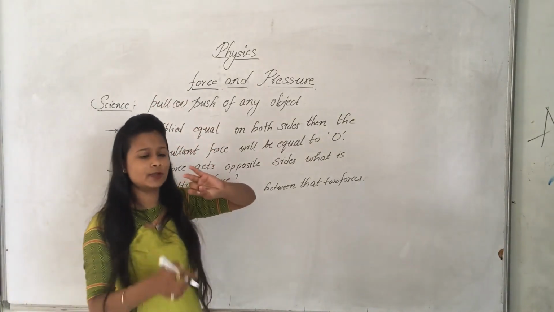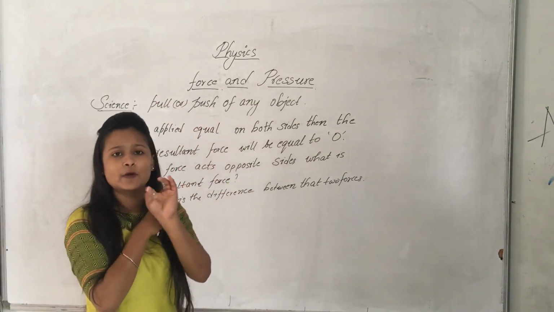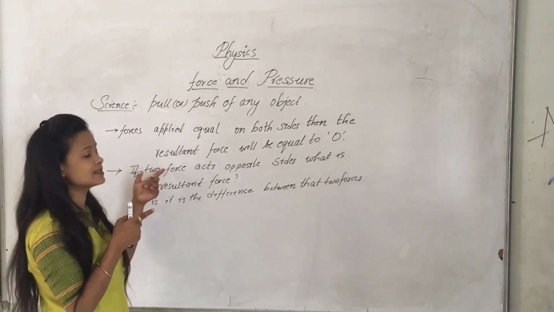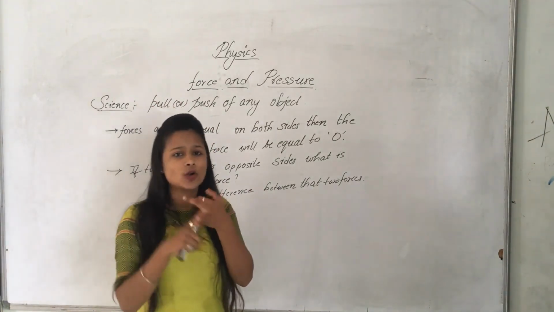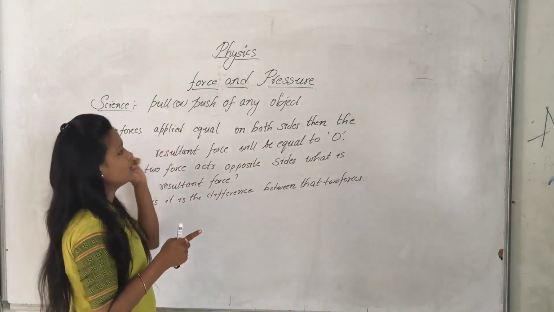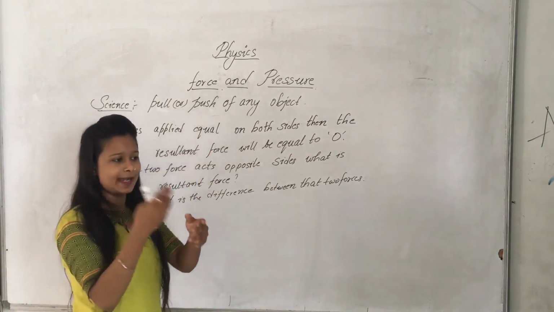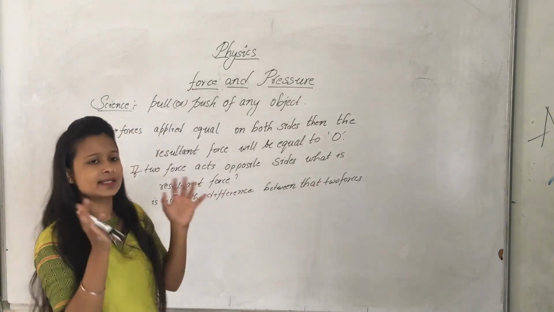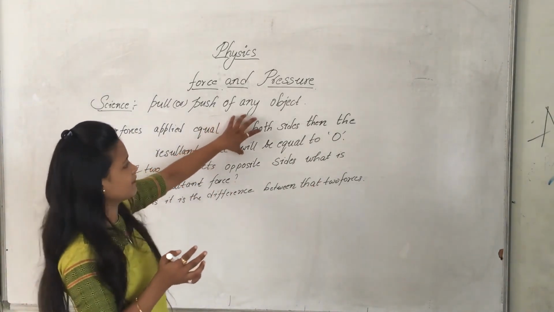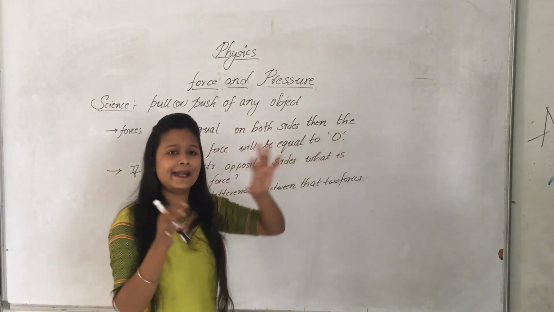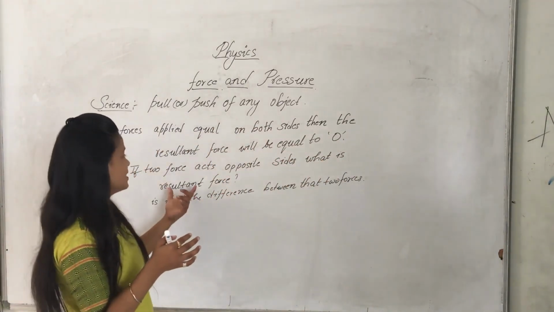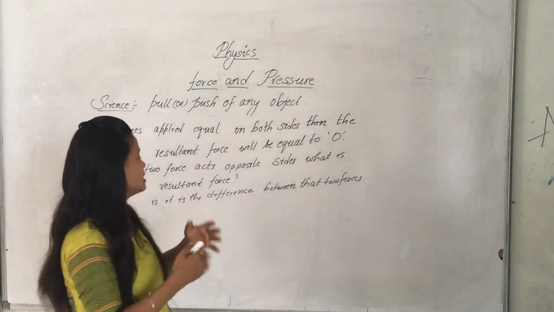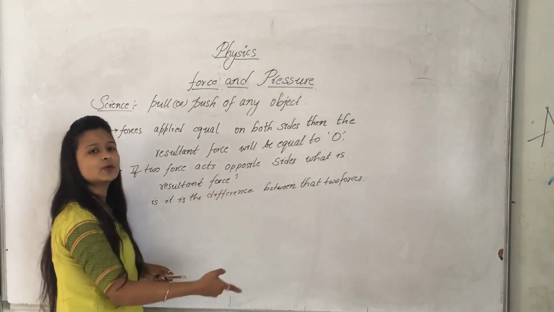I have told you about exploring of forces, about force due to interaction, about force examples with contact and non-contact forces, and that in a tug of war with force in the same direction, the resultant becomes 0. If you take the difference also, it becomes 0. And if you want to find the net difference between two opposite sides of a force, then you have to take the difference between the two forces.